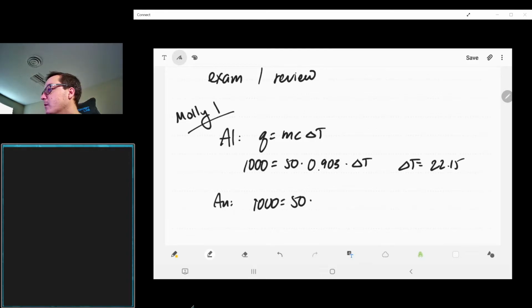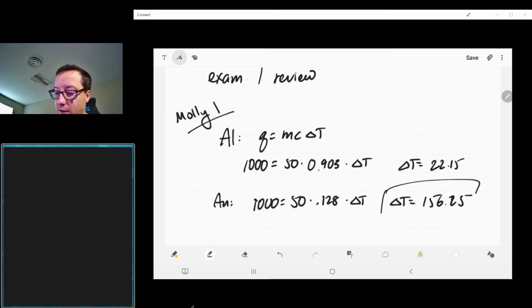Now let's try the same thing with gold. 50 times, what is gold's, 0.128? Let's try that out. If we do that one instead, we get 156.25. So very clearly we can see that gold is going to be the higher one.